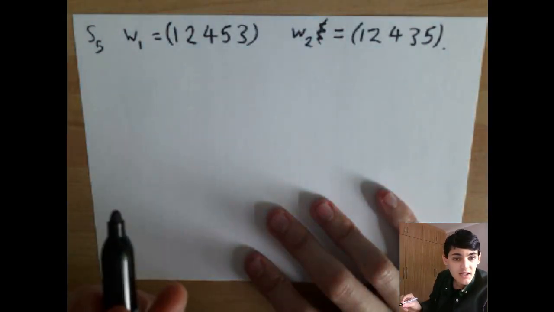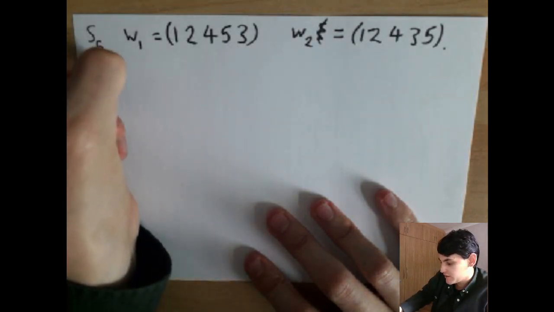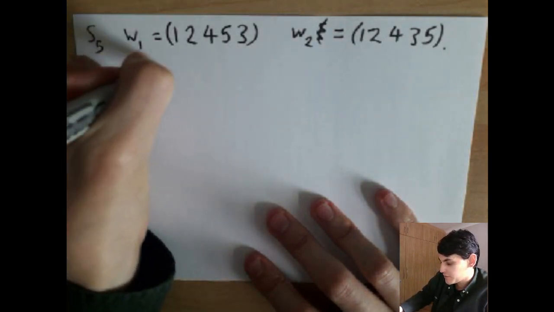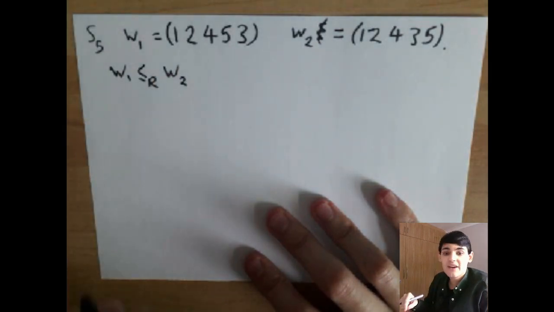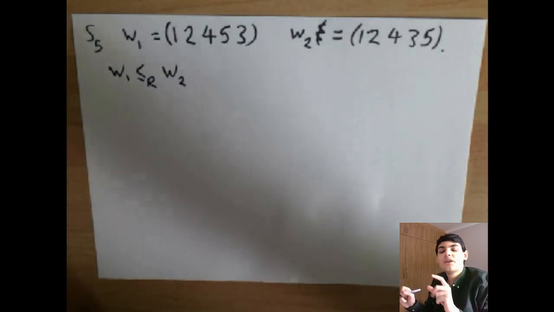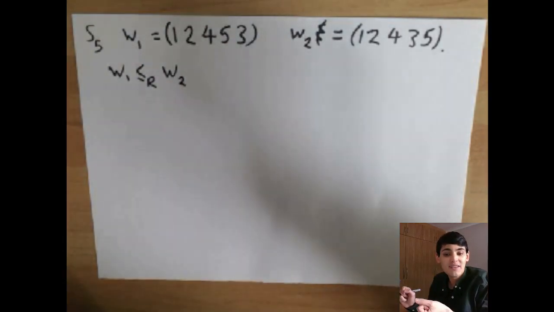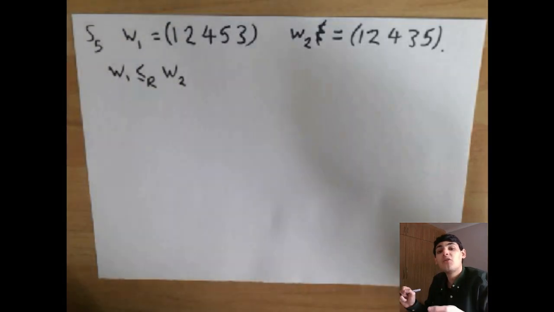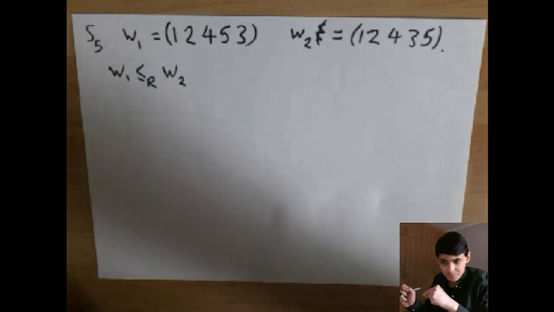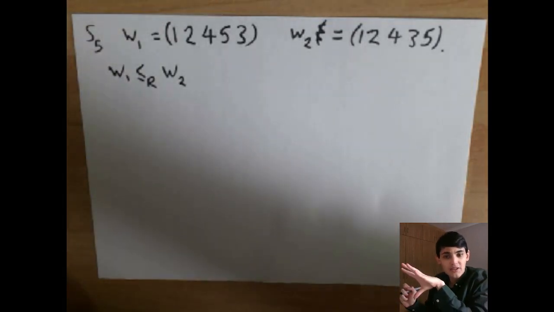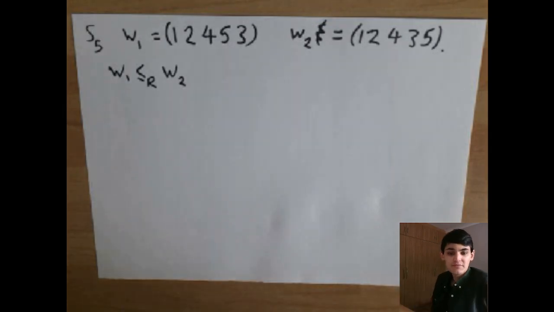So we can check by the northwest criterion that W1 is less than or equal to W2 in the right weak order. In fact, the northwest criterion tells us what's less than in the Bruhat sense, but because of the proposition that we mentioned earlier, if you've got Bruhat ordering, you've also got weak ordering.